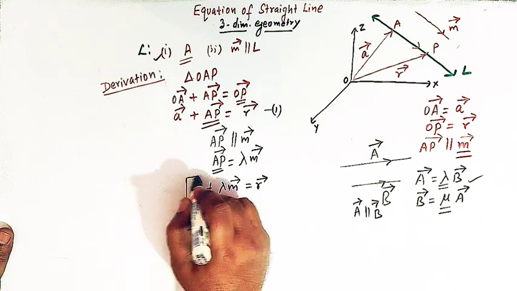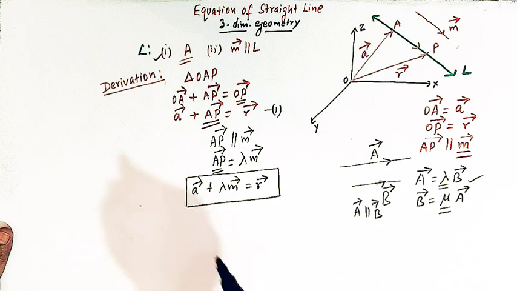So this is the vector equation of a straight line in three-dimensional geometry.